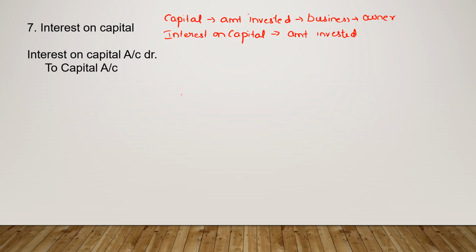From this we understand that whether it's a sole proprietorship firm or a partnership firm, it is the business which is going to pay the interest. So it is given by the business and it is given to the owner of the business. So that is why we pass this particular entry.